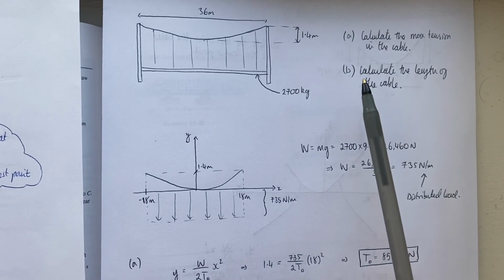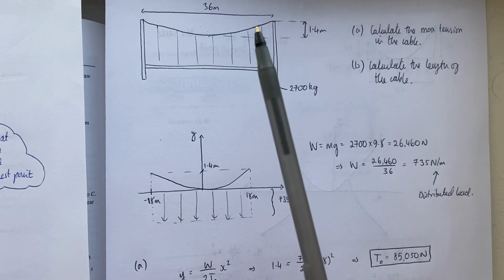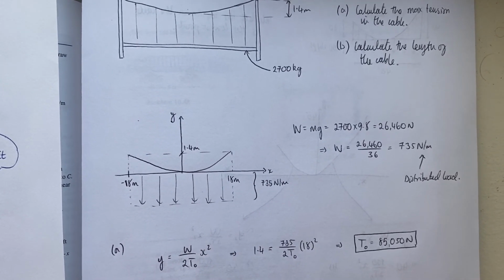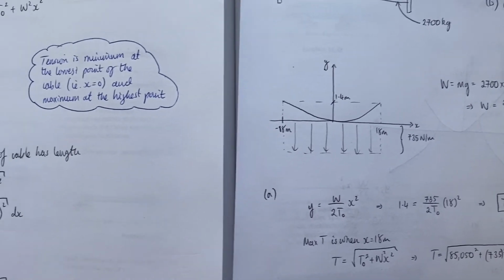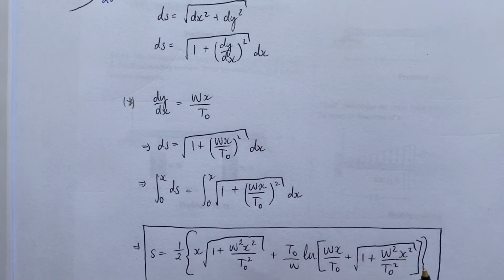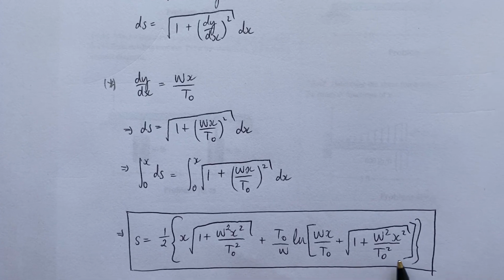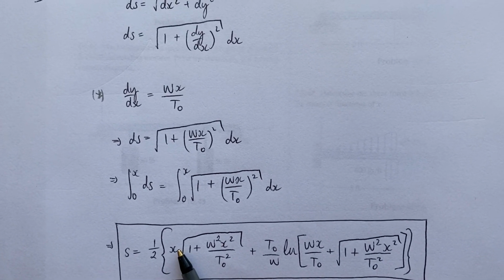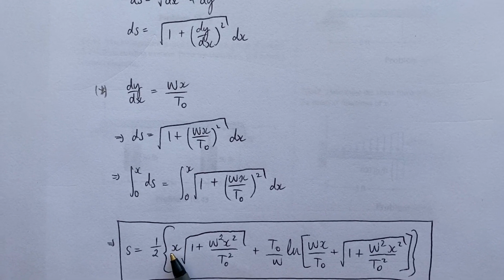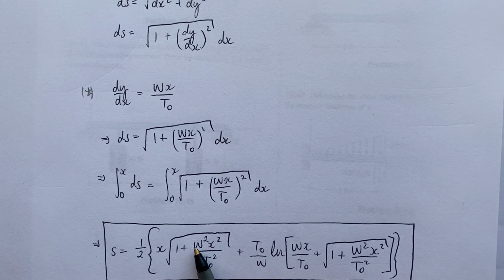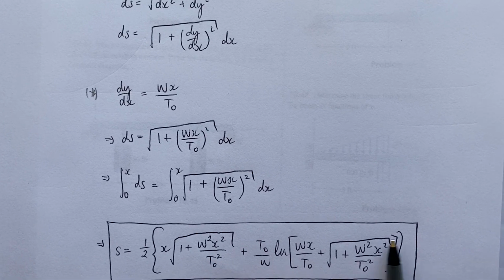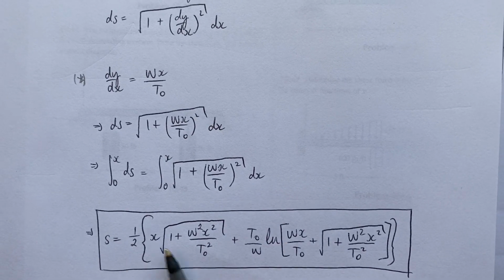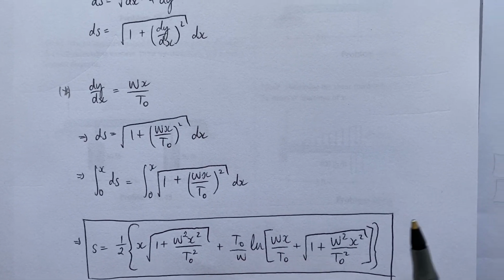The second part of the question asked me to find the length of the cable due to the droop, right? So I have to use this lovely equation from over here, which we derived previously, and I just plug in x equals 18 meters. I know the weight, I know T0, so it just becomes an exercise in calculator bashing basically with this equation.